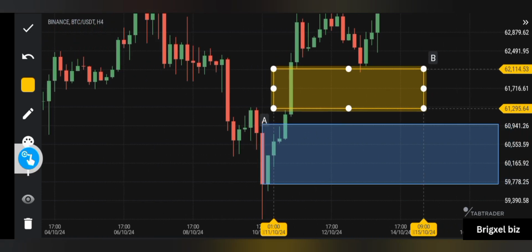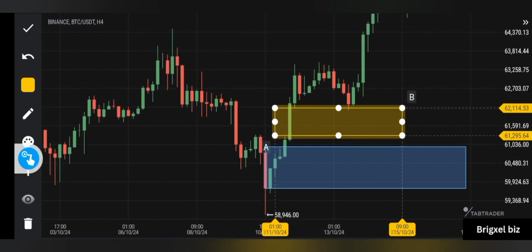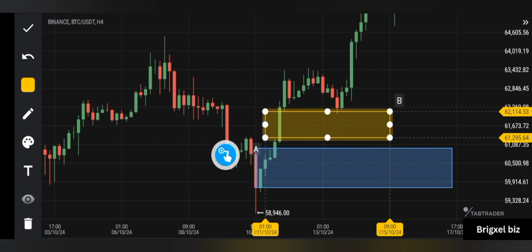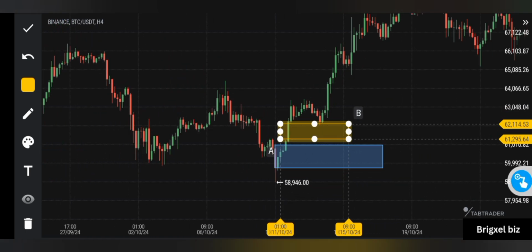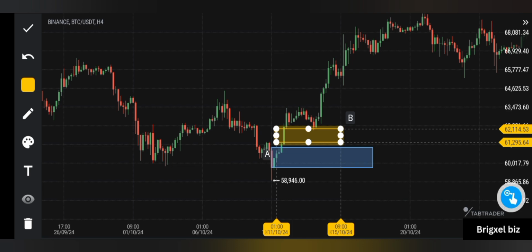All right, and I'm going to explain to you the importance of this fair value gap in a jiffy, but notice what happened. Price came to this fair value gap and it rejected from here. What do I mean by that? Price respected that region and started flying up. So sometimes price would reject from a fair value gap.